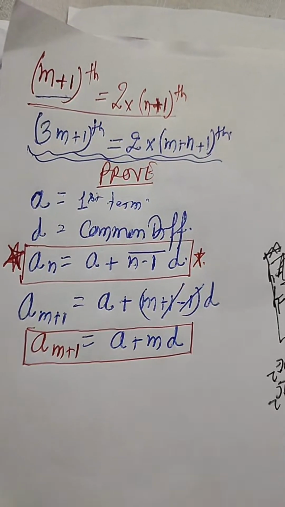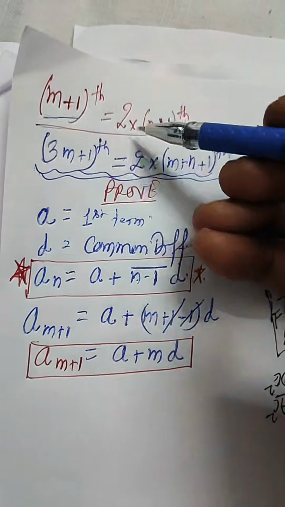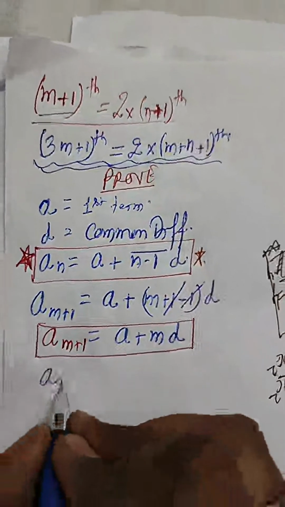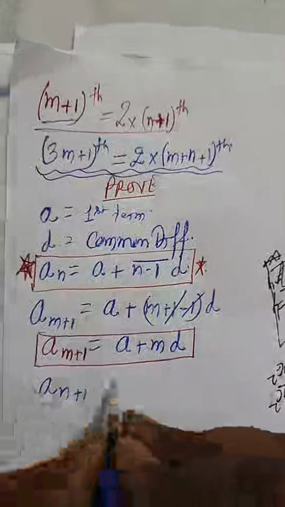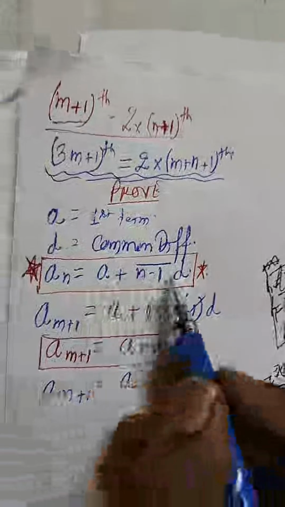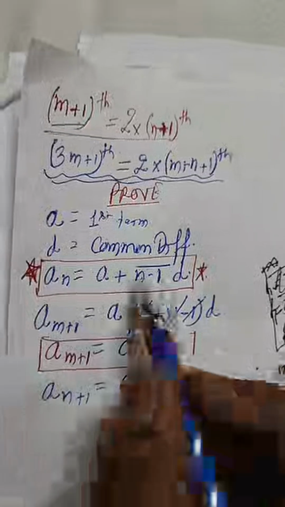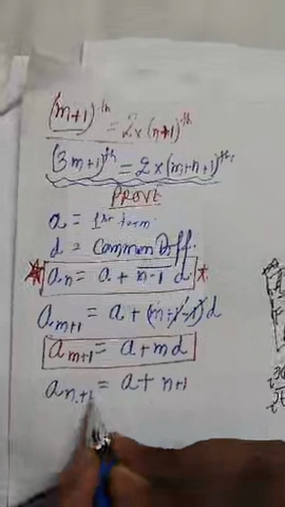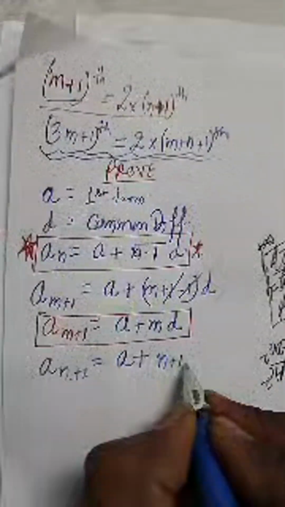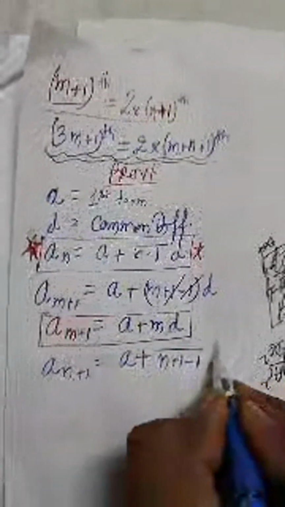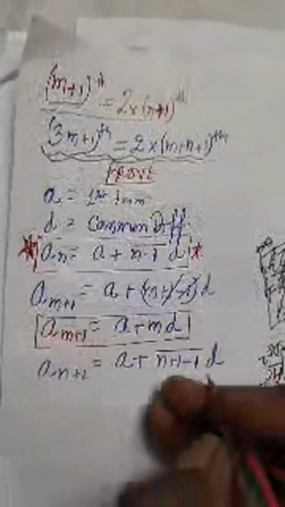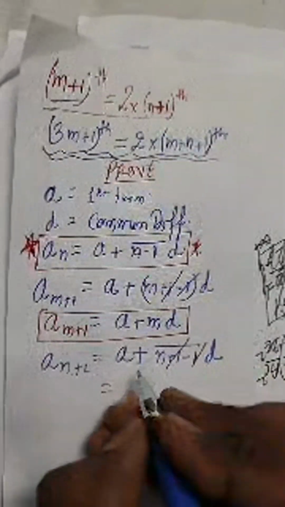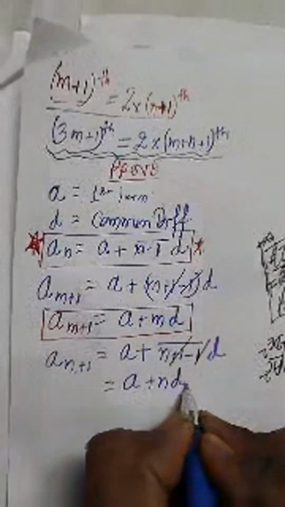Now what is the value of n plus 1th term? Use the same formula: A plus, in place of n it will be n plus 1, and in the formula minus 1 is there, so minus 1 times D. Here 1 and 1 will be cancelled out, and we are left with A plus nd.